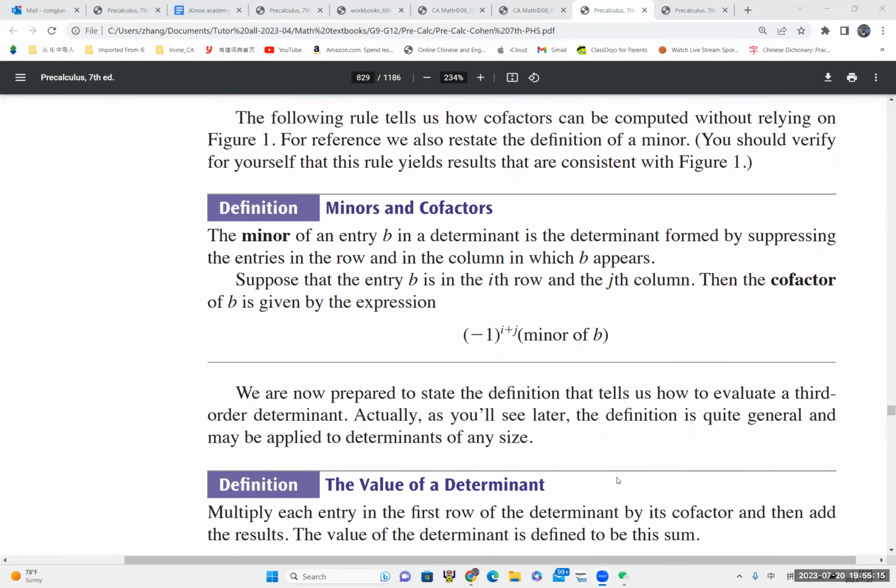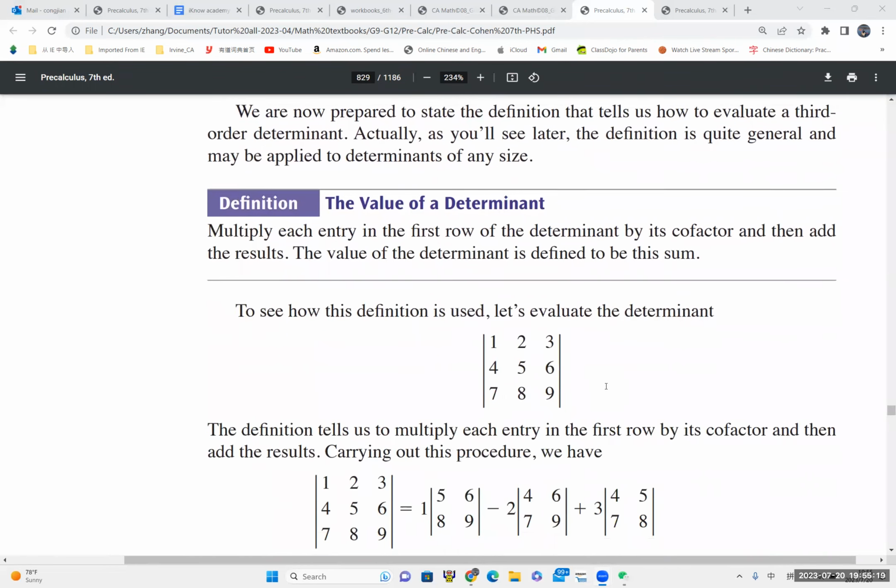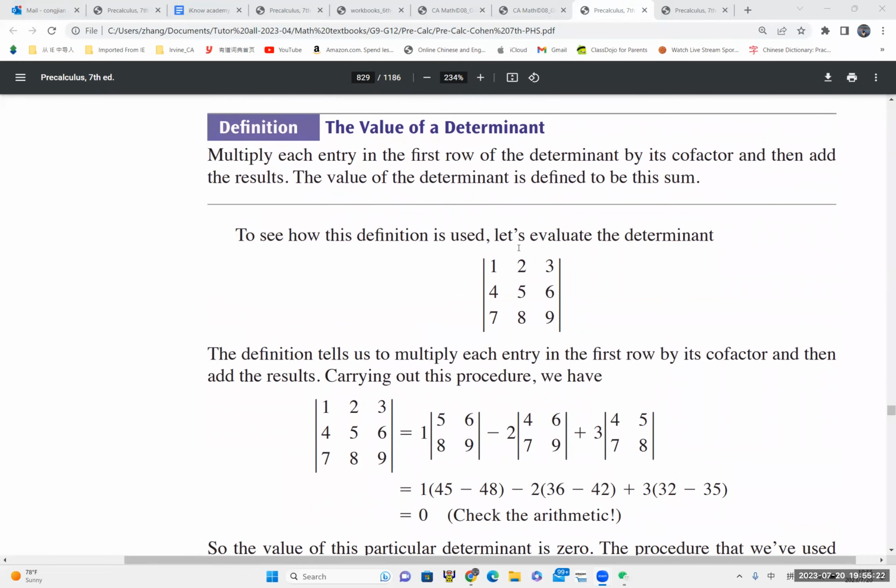So let's say minor and cofactor. If it's a 3 by 3 matrix, the determinant is decided by this. By the way, for this it's like absolute value, but here it just means determinant, right?